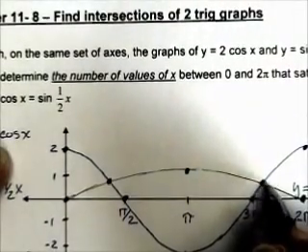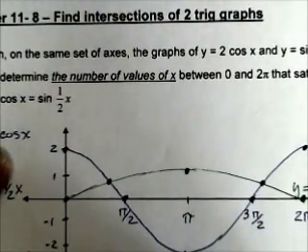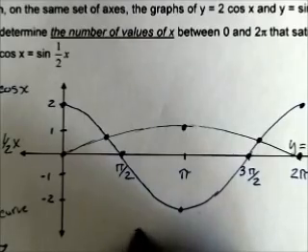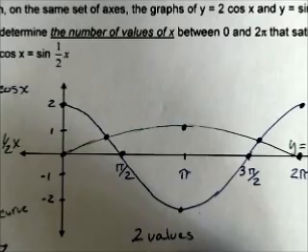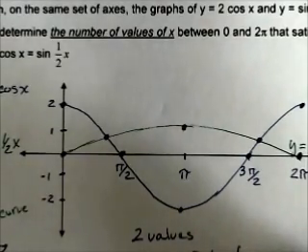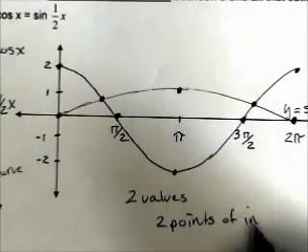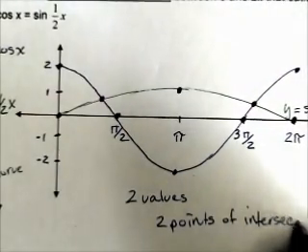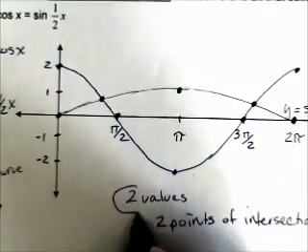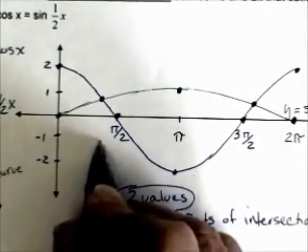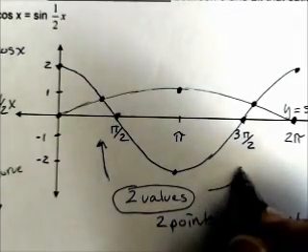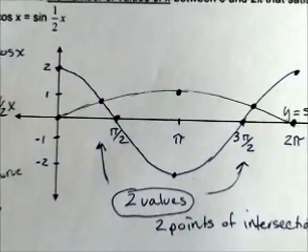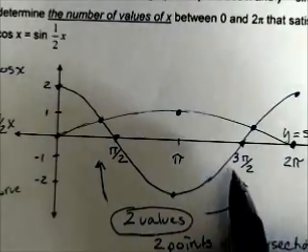There are 2 values, or 2 points of intersection. So 2 values. One there and one up there. Right here and here.